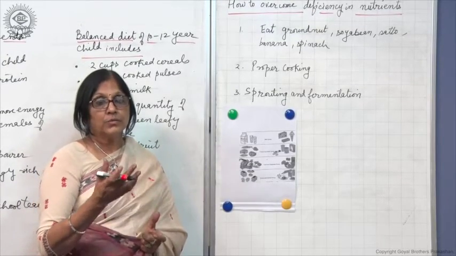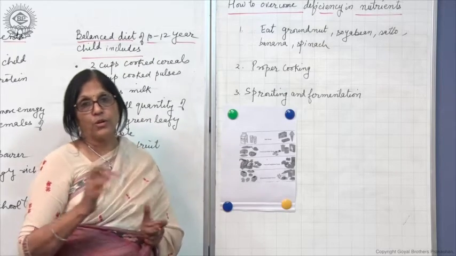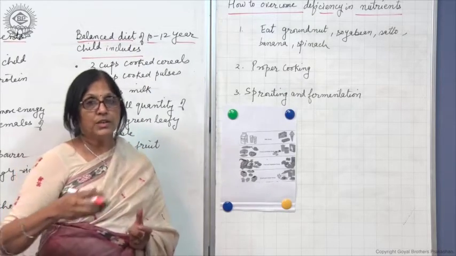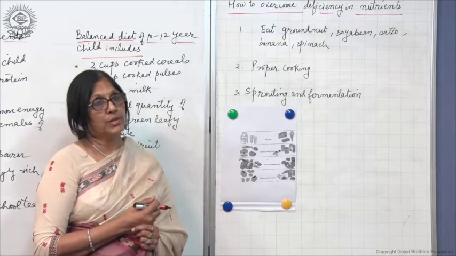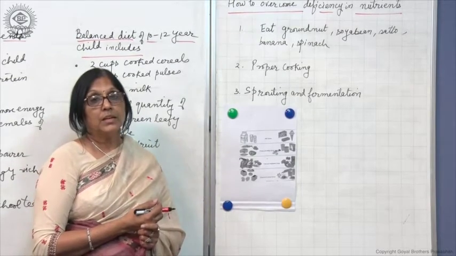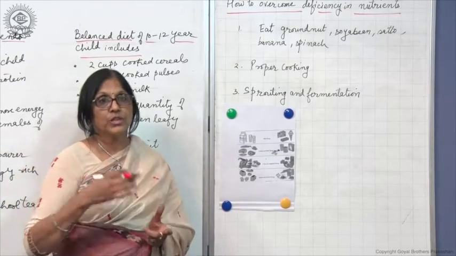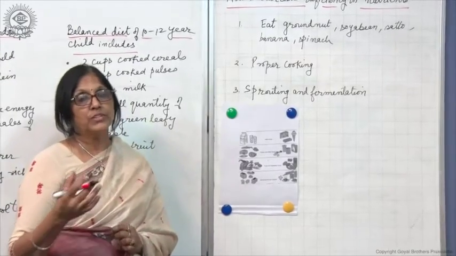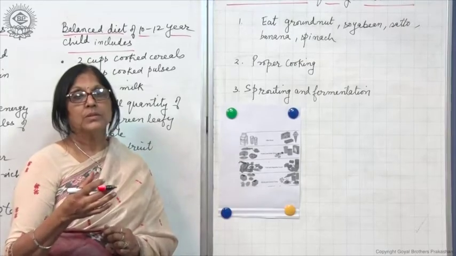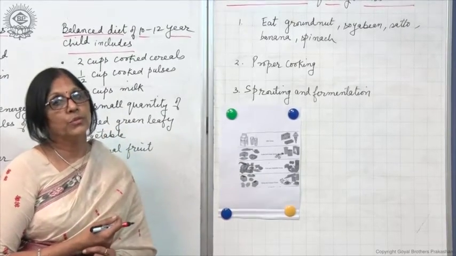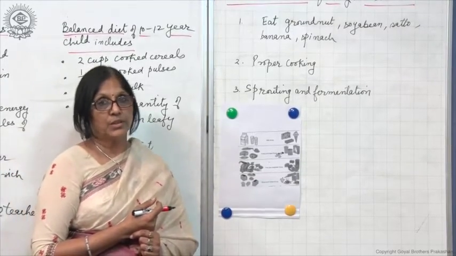Then cut fruits and vegetables should not be kept for a long time, because it leads to loss of vitamins and minerals. Then you should not wash the cut fruits and vegetables for a long time, because if they are washed, it leads to loss of vitamins and minerals.